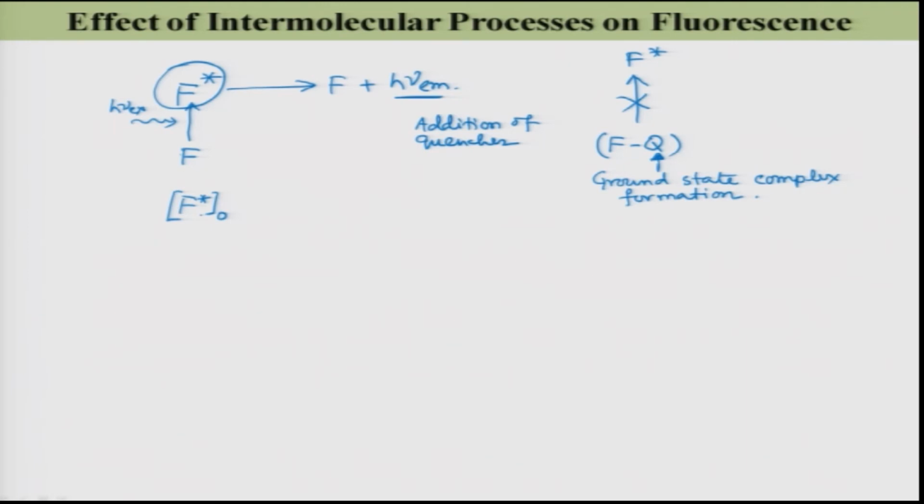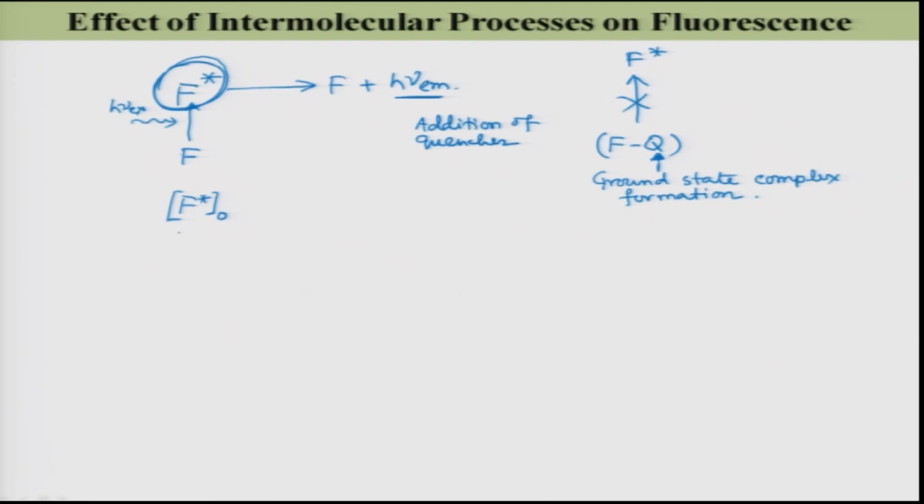That means, whatever F star you can create from the ground state by your suitable excitation source, that is the concentration, which is obviously proportional to the fluorescence intensity of this sample. So, I can simply take F star 0 as my initial fluorescence intensity without addition of the quencher molecule.